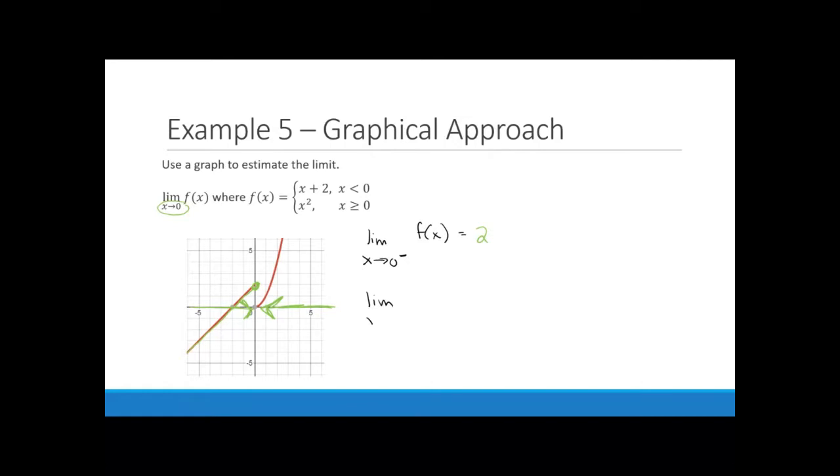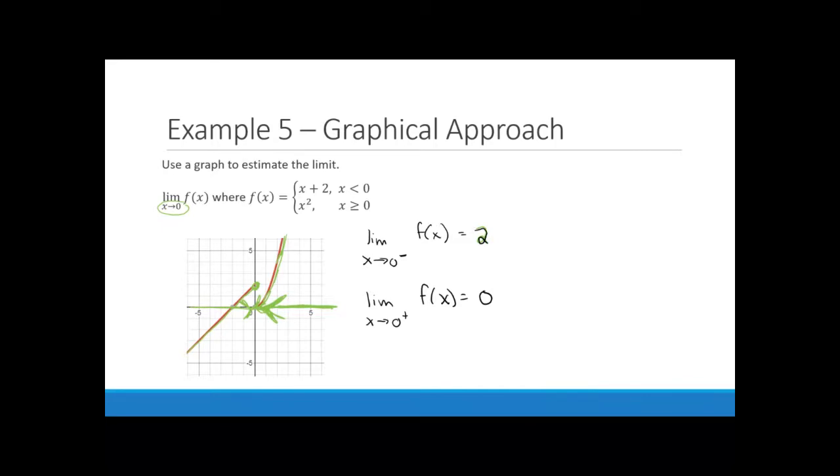And then as x goes to 0 from right to left, in the other direction, it's actually heading towards 0, because as we're going from right to left, my graph itself is going down towards 0 and then stopping. So I have two different numbers here.